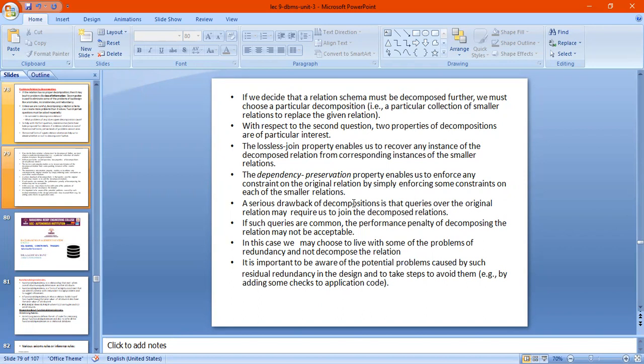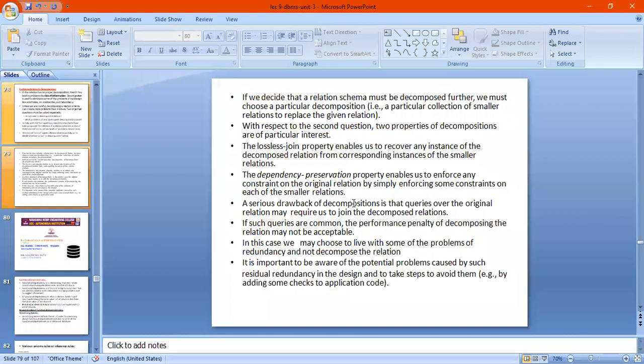With respect to the second question, two properties of decomposition are of particular interest. The lossless join property enables us to recover any instance of the decomposed relation from corresponding instances of the smaller relations. The dependency preservation property enables us to enforce any constraint on the original relation by simply enforcing some constraints on each of the smaller relations.